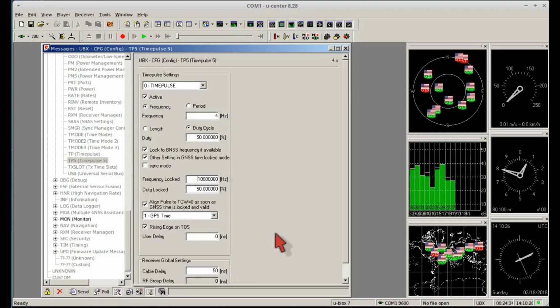Note that all your changes are only in the GPS RAM and will be lost at reset or power loss. On the 7N chip, you can use u-center to save the changes into flash, which means the GPS will use your chosen frequency automatically after power up.